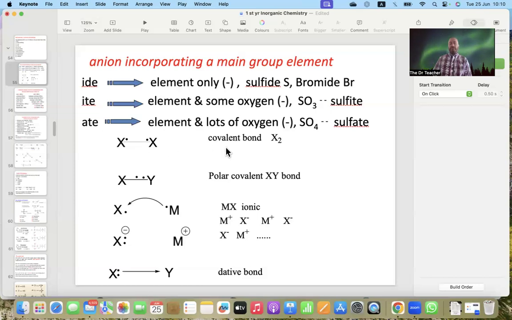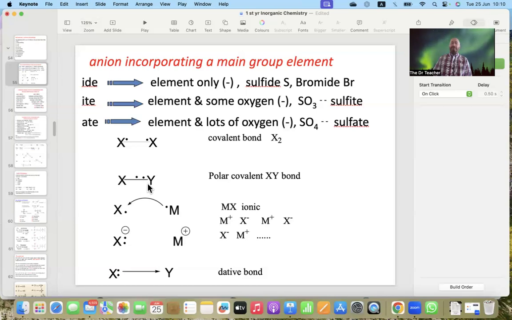It will be a covalent bond, and a polar covalent bond when there is X and Y, different atoms. Then the 2 electrons will go to the higher electronegativity.